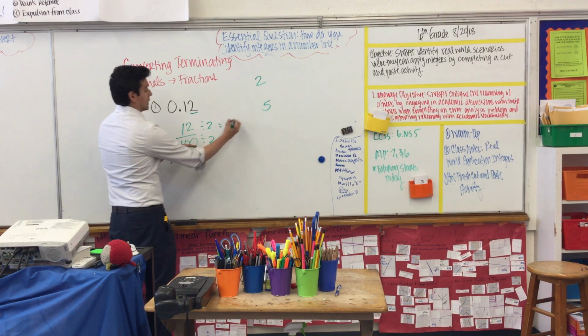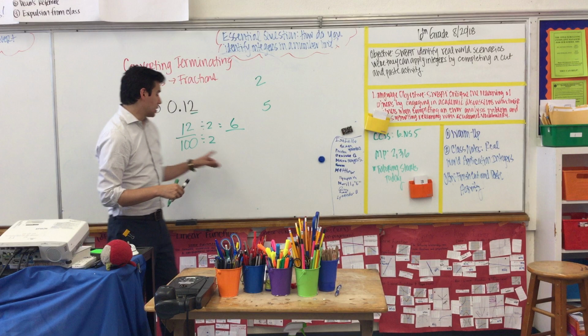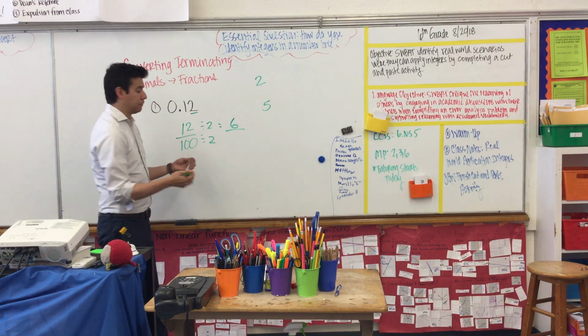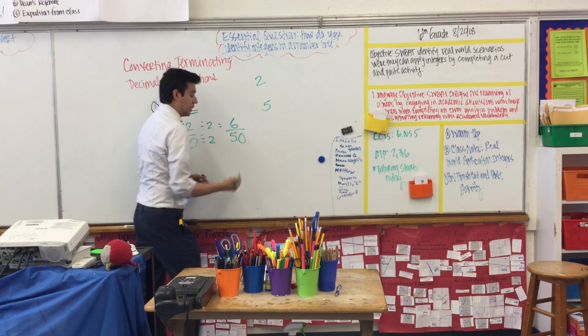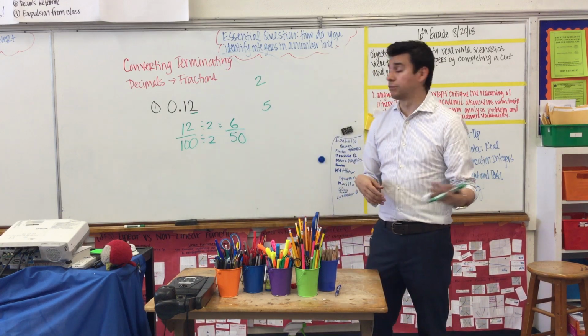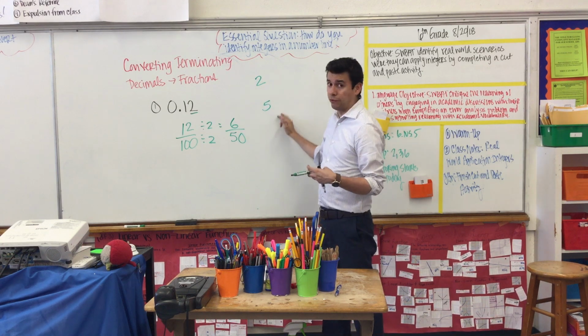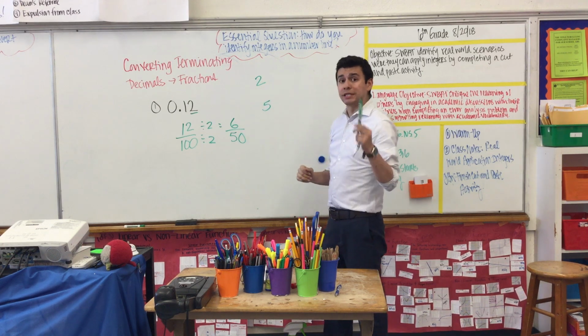12 divided by 2 is 6. 100 divided by 2, well, this is $1. Half of $1 is 50 cents. There it is. Before you say, oh, I'm done, always ask yourself again, could you reduce these two numbers by either 2 or 5? Hopefully you said 2 again.